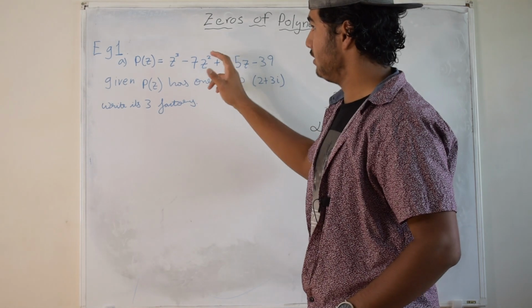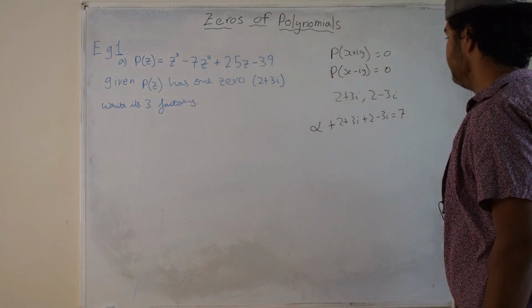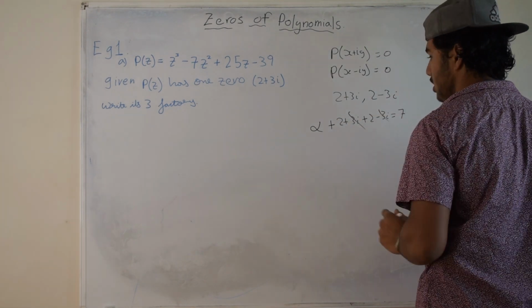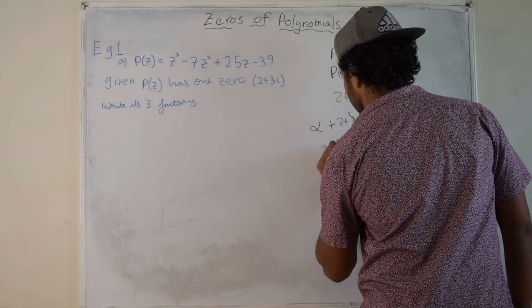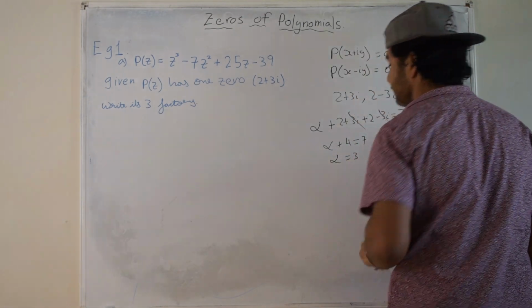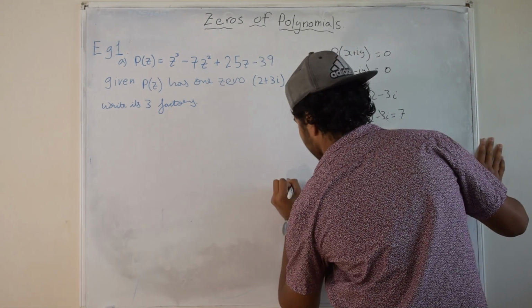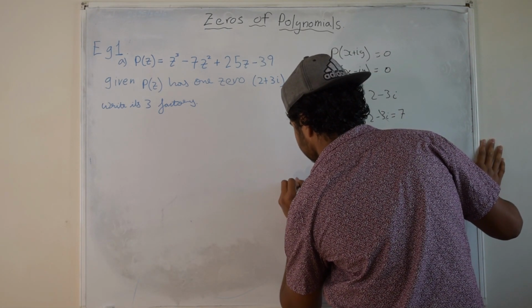So minus 7 upon 1 is just 7. The 3i terms cancel. We get alpha plus 4 equals 7. Alpha equals 3.